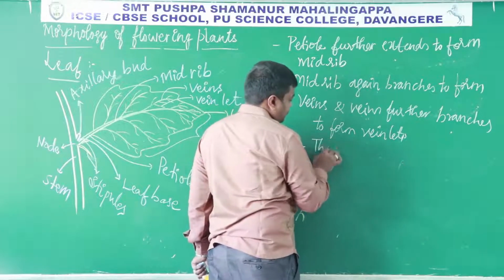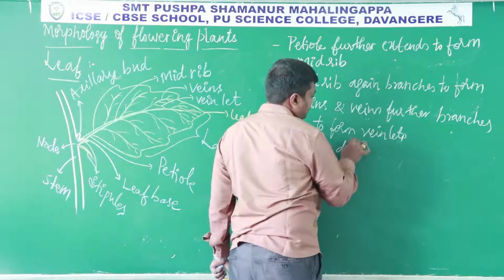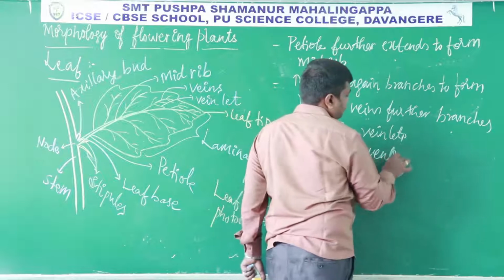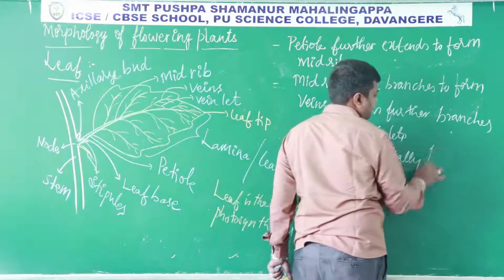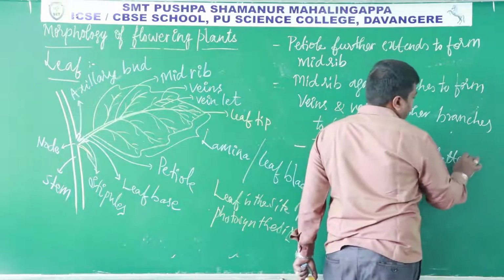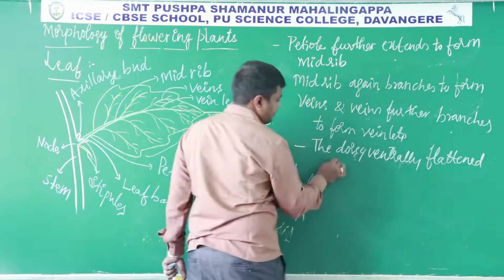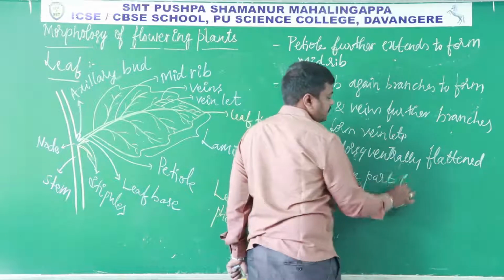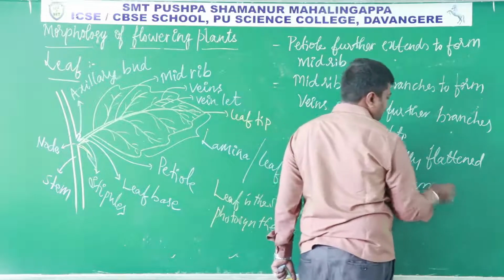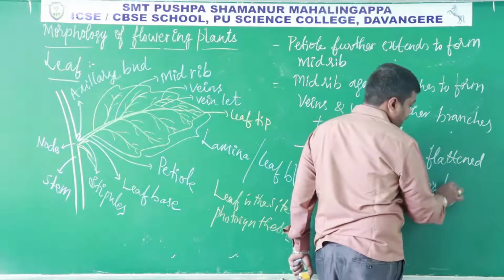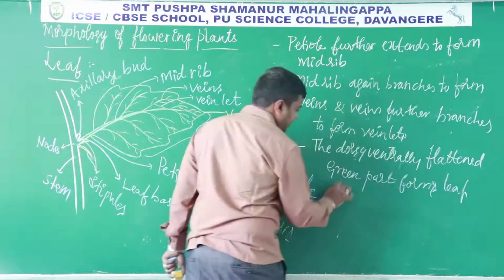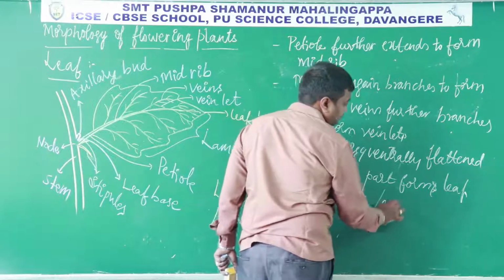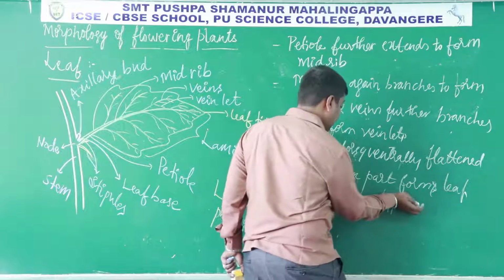The dorsiventrally flattened green part forms the leaf lamina or leaf blade.